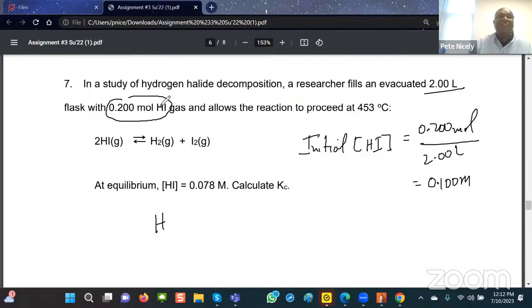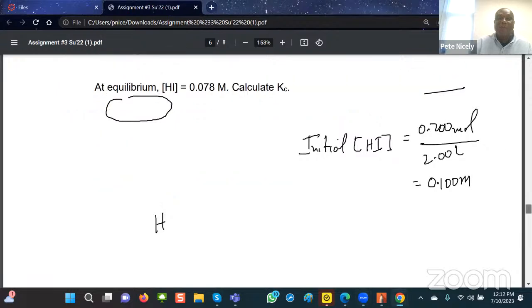So I'm just going to rewrite this equation right here. In fact, let me scroll down. Okay, I want to make sure that you have written this down.